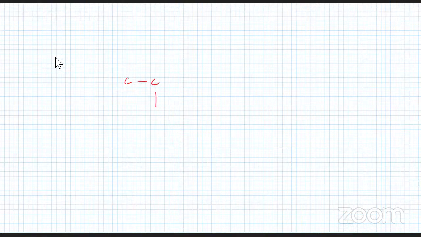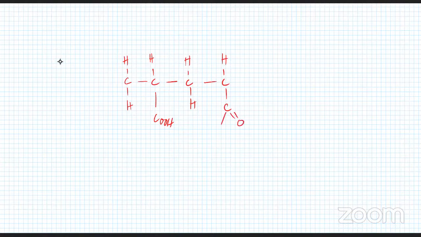And every time, the polymer chain has a carboxylic acid that's coming out of it. And this thing is repeating over and over again. So it's got a carboxylic acid, and so on.